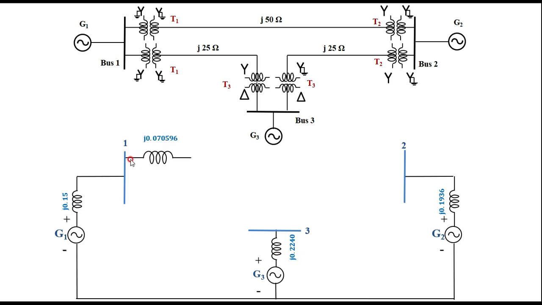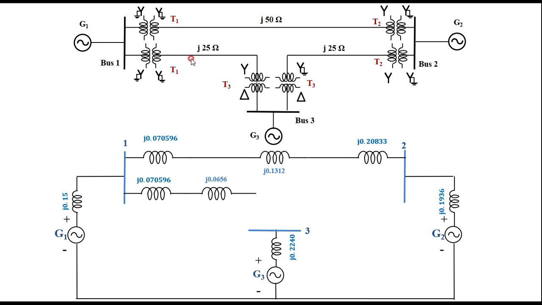Then you are shown that from transformer T1, then transmission line Z50, then T2. Then another line starting from bus number 1 goes through T1 and the j25 ohm reactance, then T3, and it is connected to bus number 3.